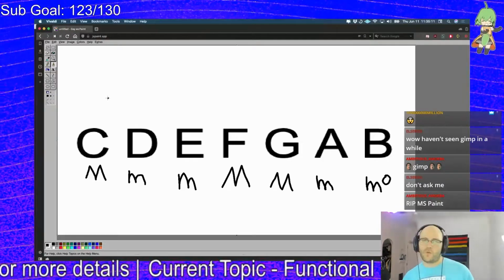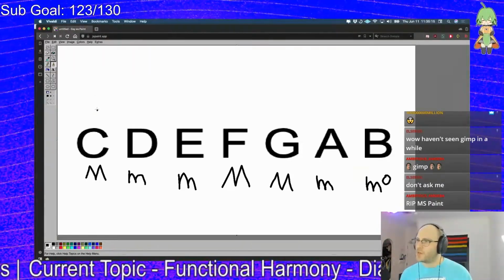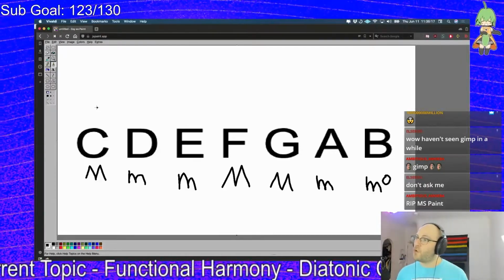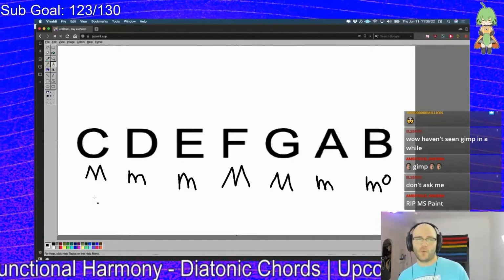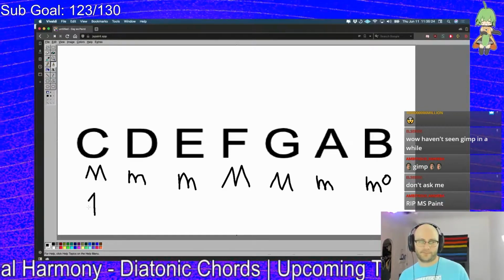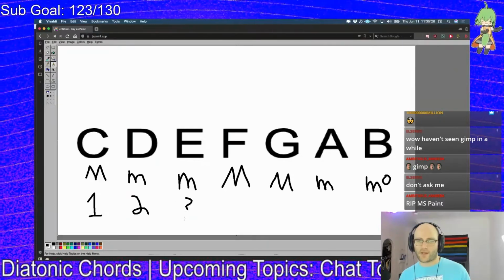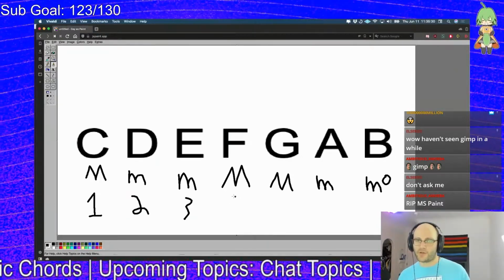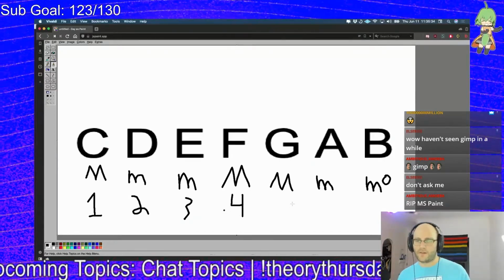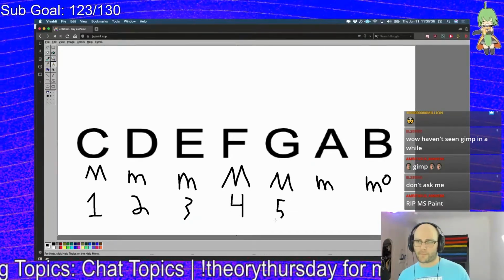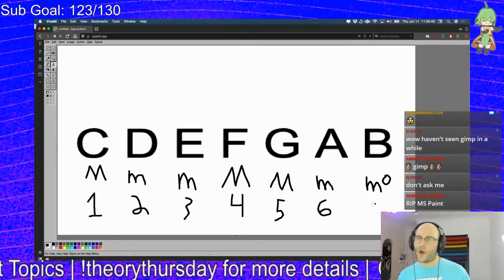So now we can start to count up from our root using Roman numerals. So this is 1, down here, 2. I'm going to write these all in Arabic numerals first, just so that we can differentiate, because this is our code, basically.